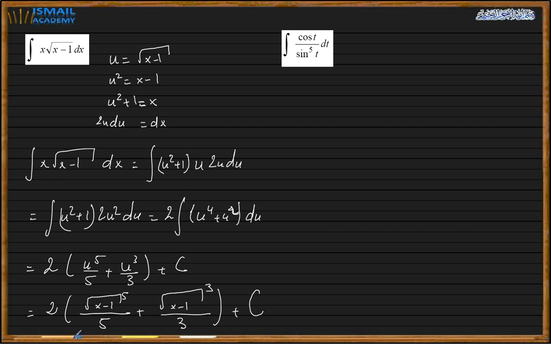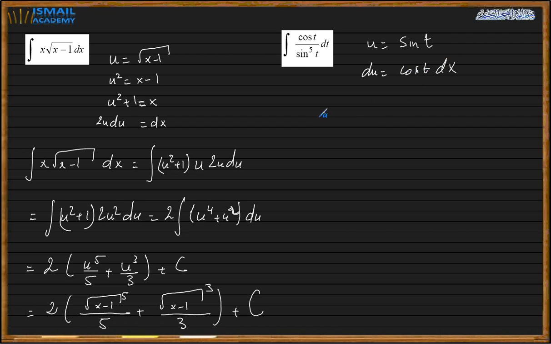It's the same idea. Now here I choose u as sine of t. Why? Because if I take the derivative of sine, it gives me cosine. So when I substitute by u, the cosine will disappear with the dt. This is exactly what I'm looking for. So du will be cosine of t dt.